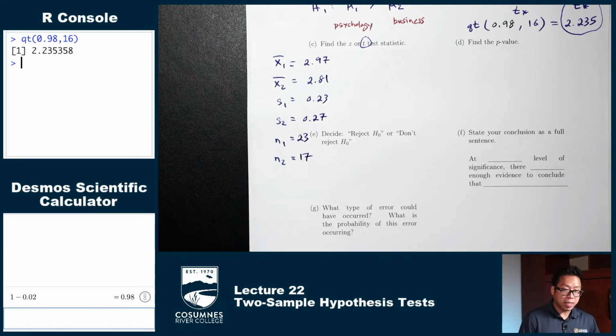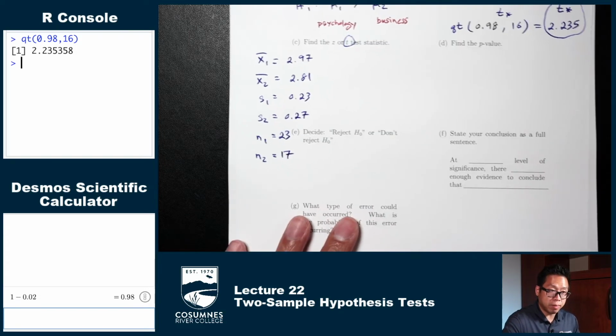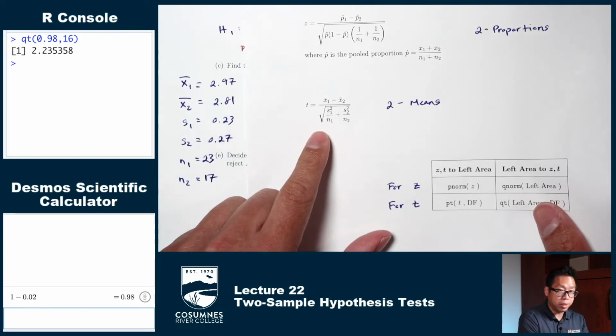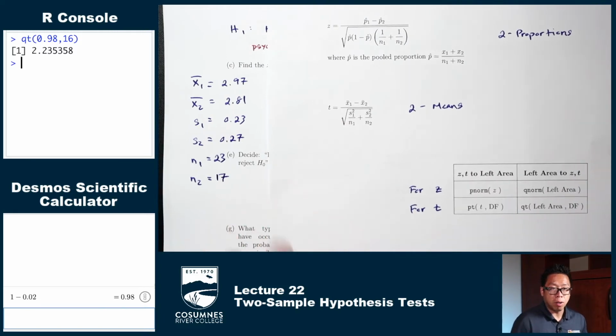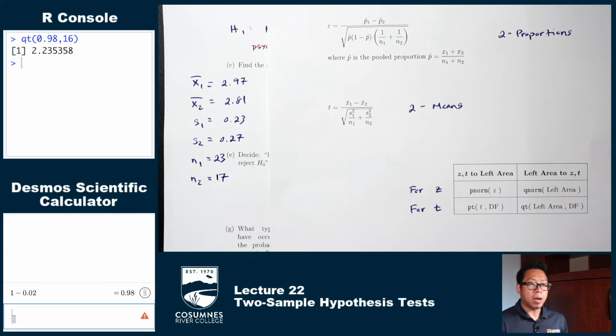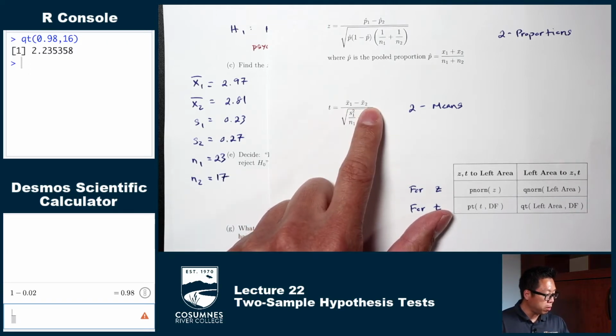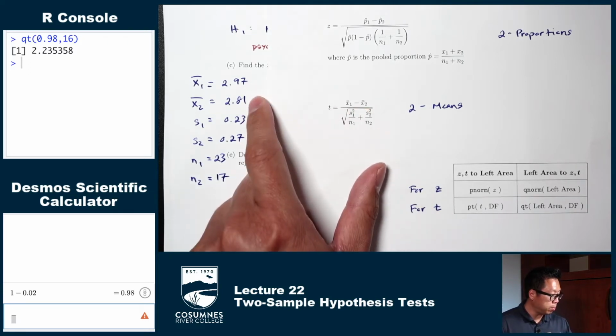Okay, plug everything into the formula for t for two means. So two means would be this one. On my calculator, I'll start off with a fraction. Up top, x1 bar minus x2 bar, that would be 2.97 minus 2.81.